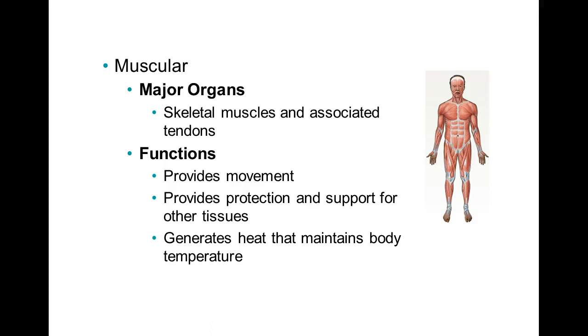Some protection, certainly when you think of your abdominal area, muscles are protection for those abdominal organs. And generates heat. Just think about shivering. When you're cold, your muscles shiver to help you increase your core body temperature. So not so much make you warmer so that you can tolerate the cold, but to increase your core body temperature.